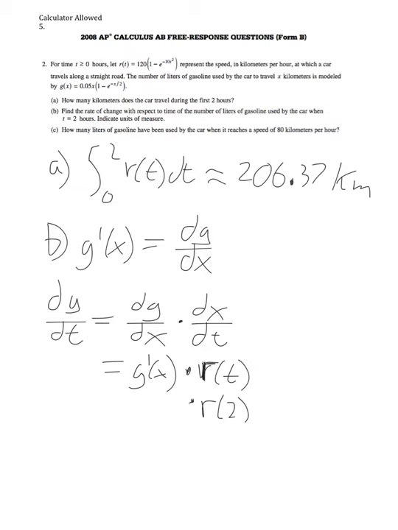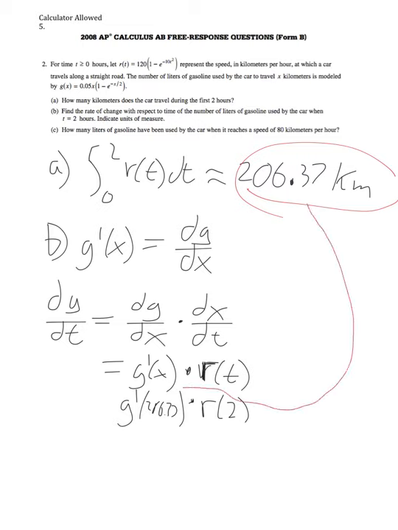So this is G prime of 206.37. And that's again because the question is wanting to know what this rate of change is when time is equal to 2. But when time is equal to 2, x is equal to 206.37. And then I just need to multiply all that out, and I get 6 liters per hour.